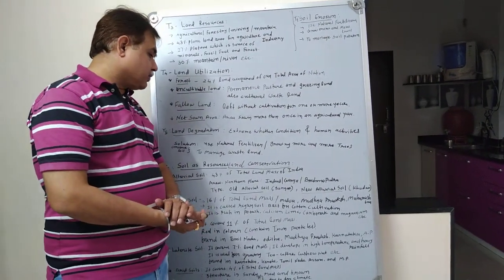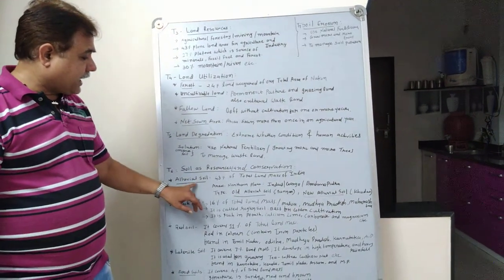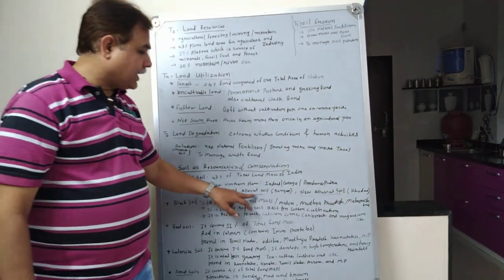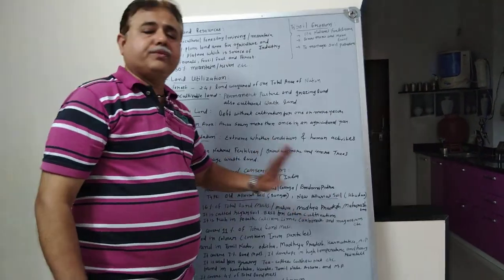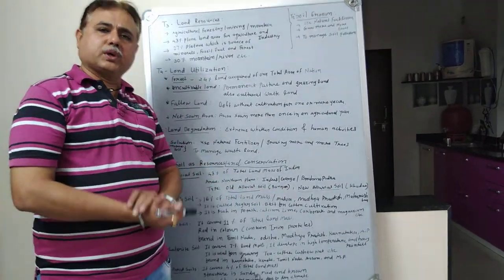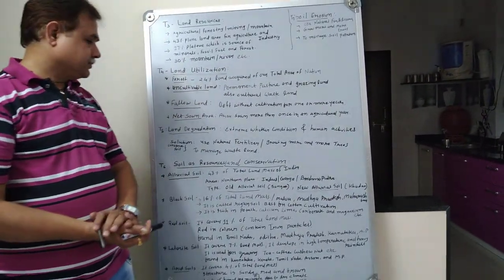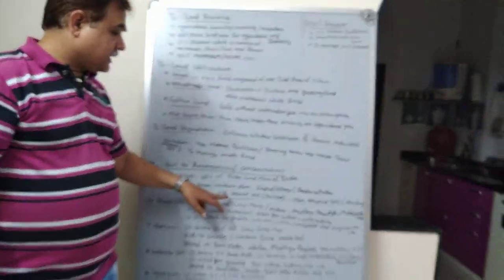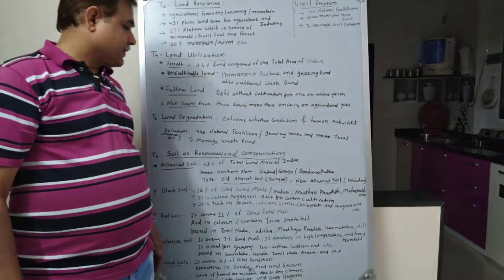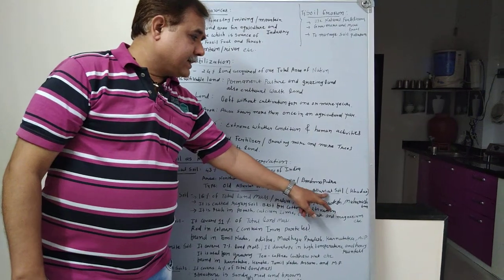It is more fertile. Alluvial soil is of two types: old alluvial soil and new alluvial soil. Old alluvial soil is known as Bangar soil. New alluvial soil is Khadar soil. Bangar is less fertile, while Khadar is good for fertility. It contains kankar, silt and humus.